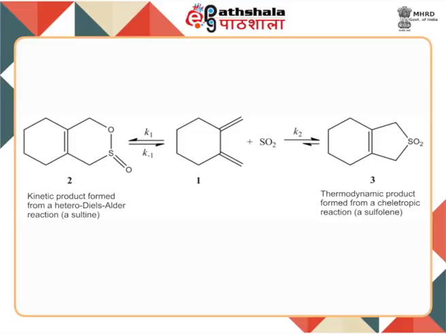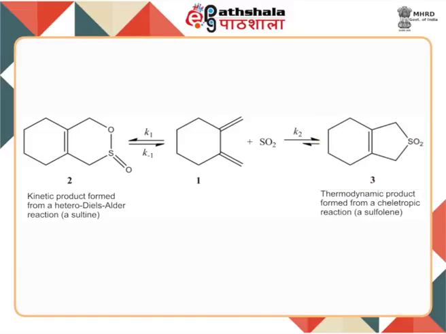A thermodynamically more favorable addition, that is a cheletropic reaction, then takes place, which is a 4+1 cheletropic cycloaddition, leading to formation of a stable 5-membered ring adduct labeled as number 3 in the equation.